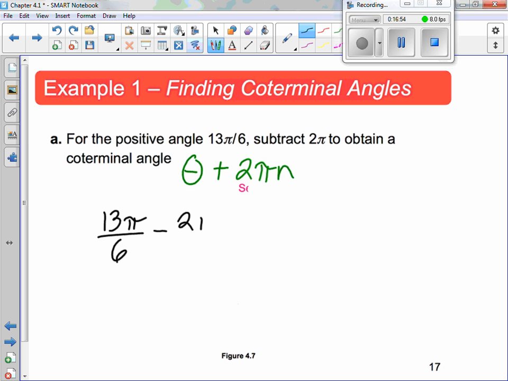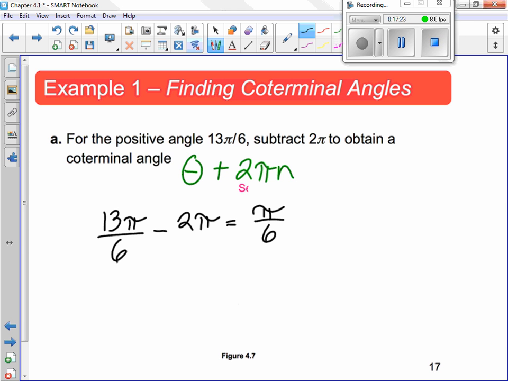So if I subtract 2 pi, we can type this into the calculator, and let's see what we get. Minus 2 pi. Pi over 6, yes? So one coterminal angle for this here would be pi over 6.